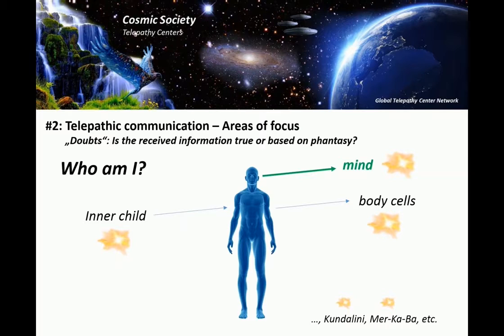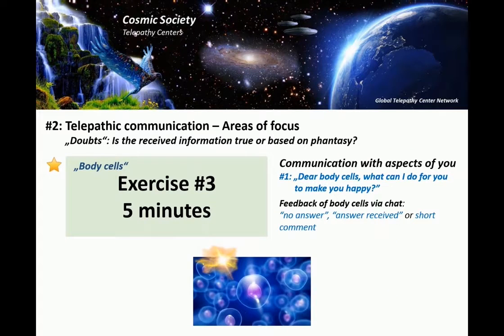And you see here there is feedback of the body cells via chat. And it's not necessary to write a complicated sentence. What helps also, if you receive no answer from your body cells, that is a very valid situation. We have that very often. Just write down in the chat, no answer.